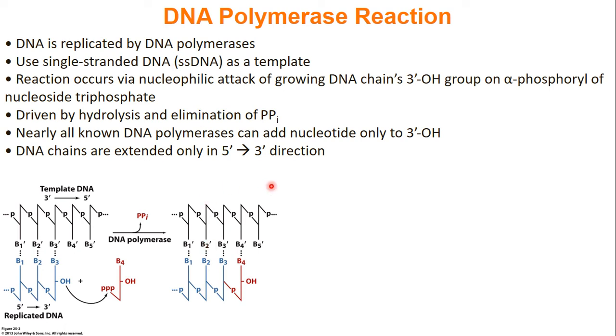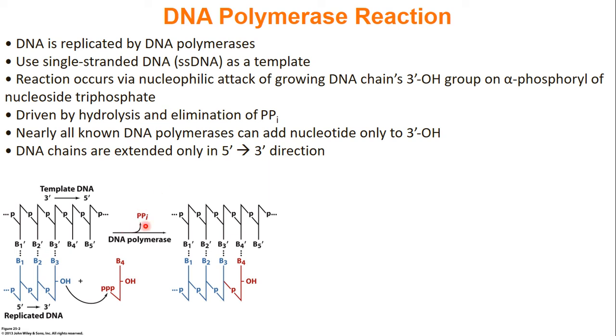And what happens is that you have a nucleophilic attack on the DNA chain at the 3' hydroxyl, so that's why it's always adding 5' to 3'. We need the 3' hydroxyl. And it's going to attack the alpha phosphate of a nucleoside triphosphate. The inorganic phosphate, or pyrophosphate rather, PPi, will be removed.